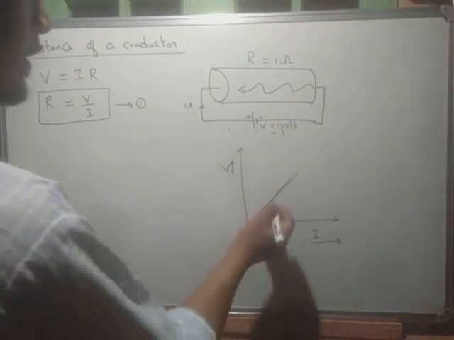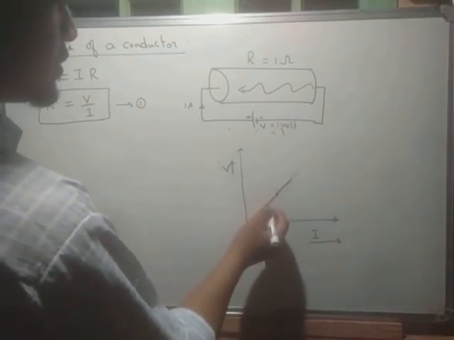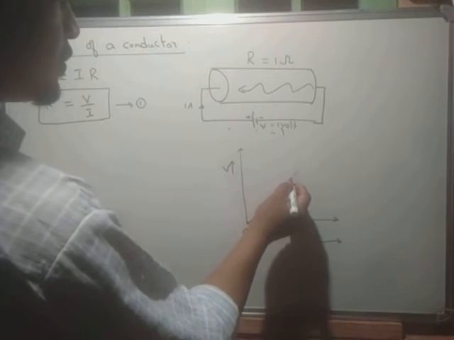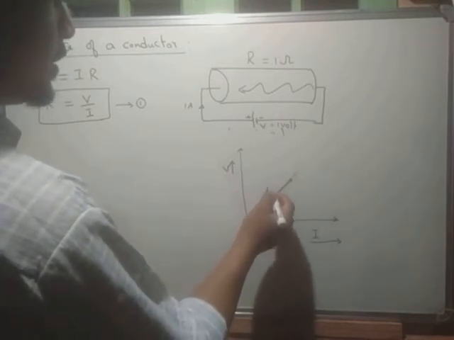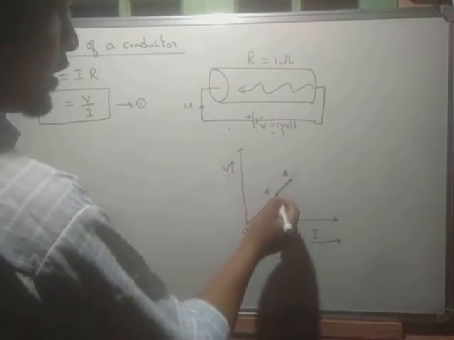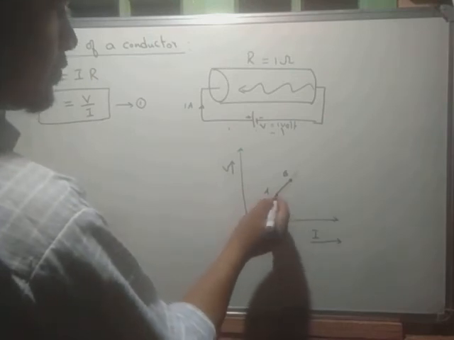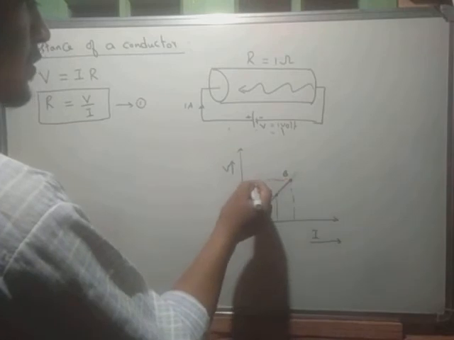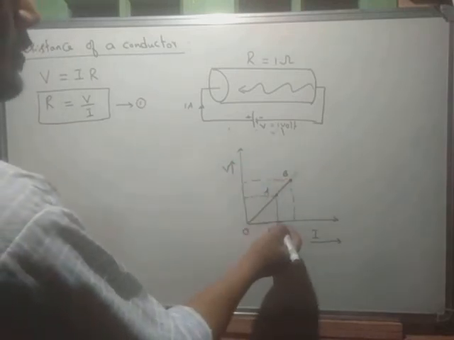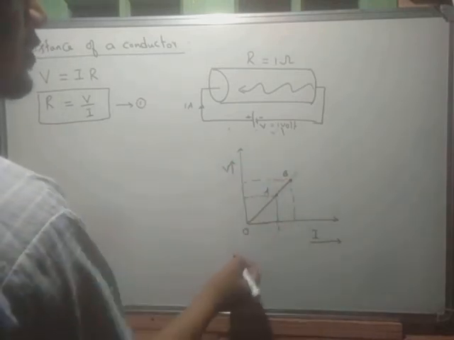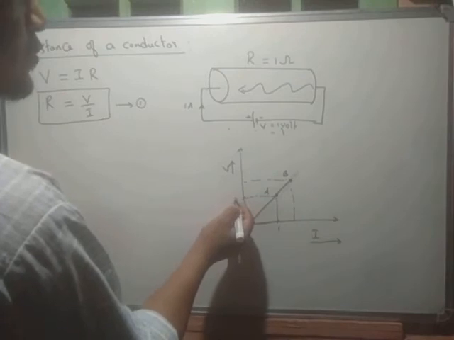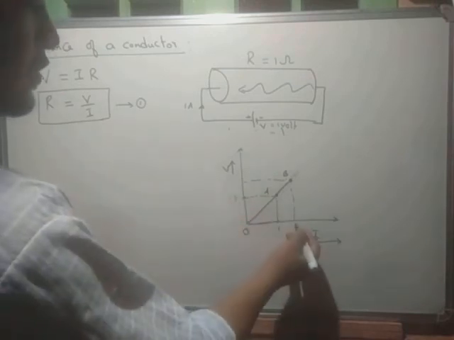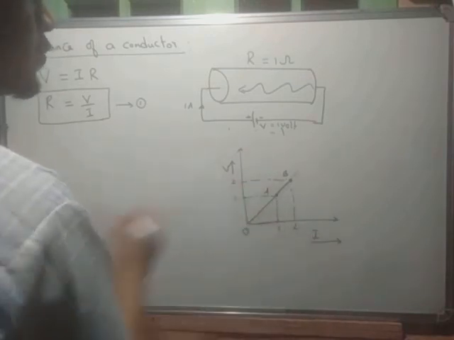Now suppose I consider any 2 points on the graph, let's say this point A and point B. If you drop a perpendicular on the x and y axis, you get this much. Let's say the amount of current here is 1, the potential difference here also is 1, the current here is 2, potential difference is 2.